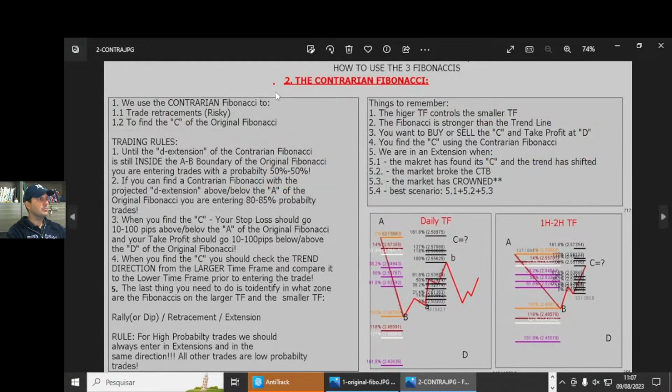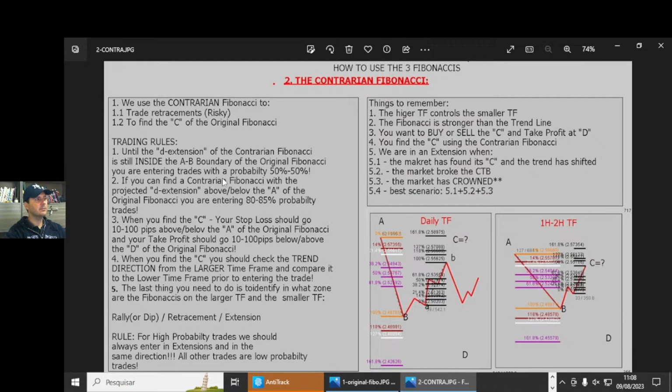The contrarian Fibonacci, we use the contrarian Fibonacci to, number one, trade retracement, which is risky, and to find the confirmed C of the original Fibonacci. Trading rules: until the D extension of the contrarian Fibonacci is still inside the AB boundary of the original Fibonacci, you are entering trades with a probability of 50-50.